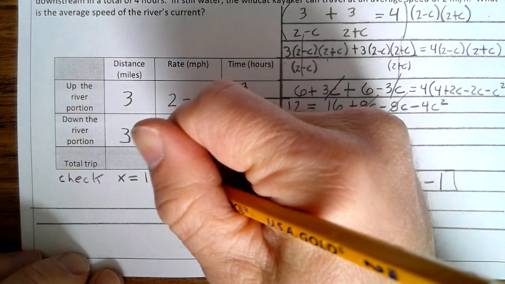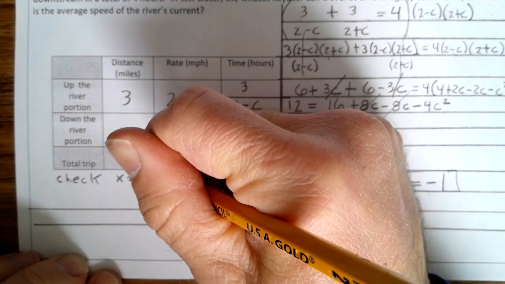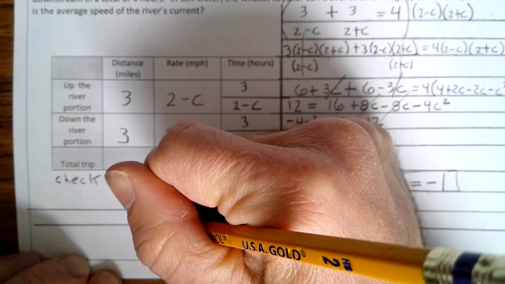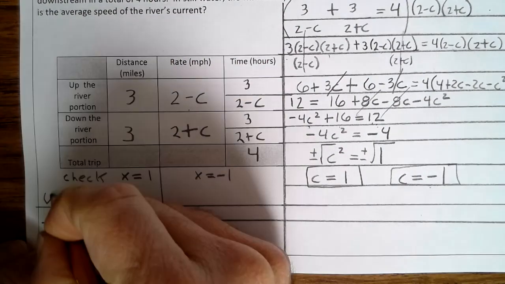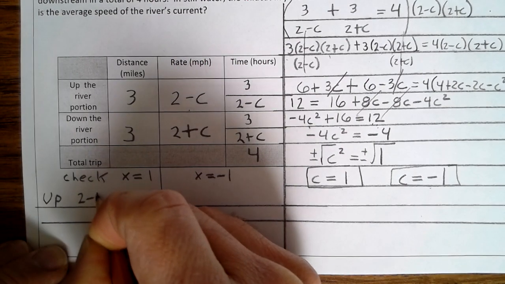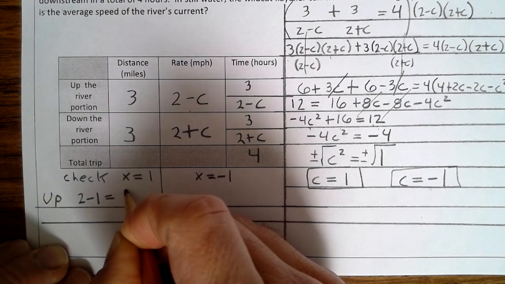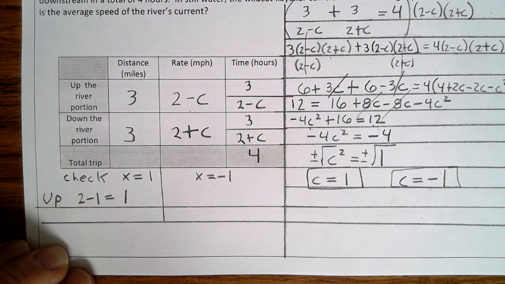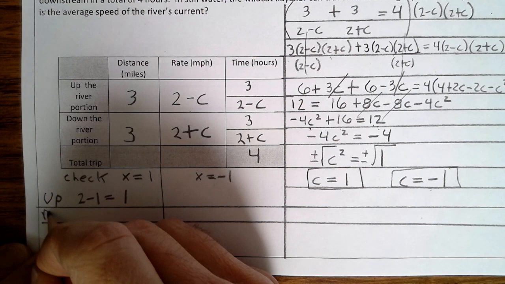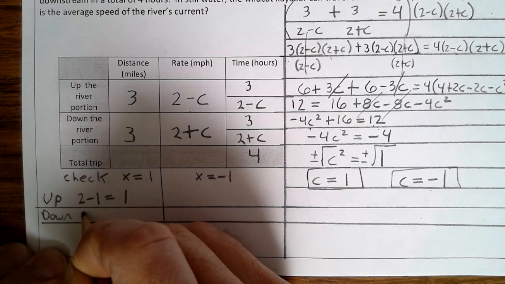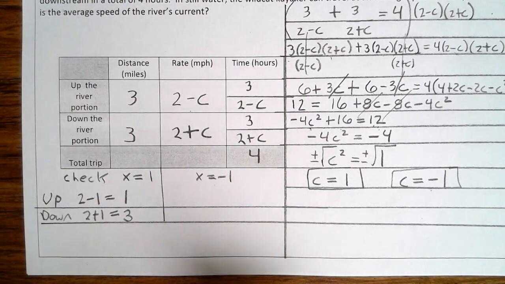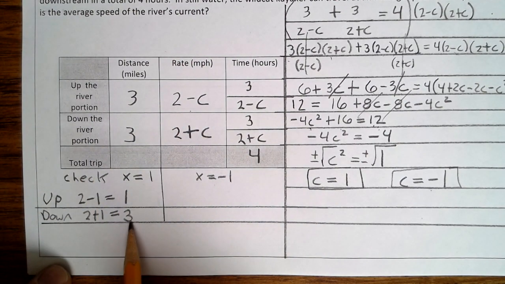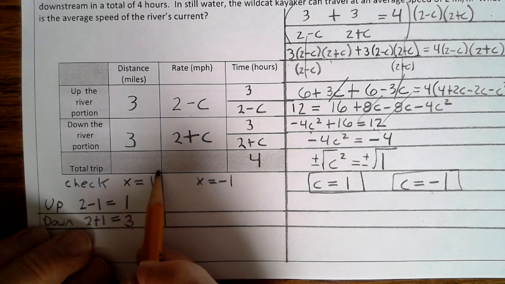So now we plug in 1 into upriver. So that's 2 minus 1 equals 1. And then downriver would be 2 plus 1 equals 3. Well, that makes sense because if you're going downriver, your rate's going to be faster than if you're going upriver. So far 1 looks like it's correct. Okay. I said x, but it should be c. Don't know where those x's came from.